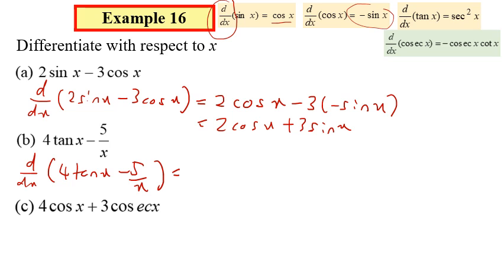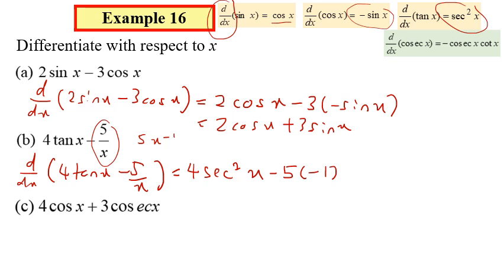So don't forget, you have to copy down the question and then put d/dx at the front. So differentiate for this one, we know differentiate tangent, look at above there, will get secant squared. So for 4, the coefficient just follows. And then here, don't forget, 5 over x is actually 5x to the power of negative 1. So minus 5 and then x to the power of negative 1 minus 1 is negative 2.